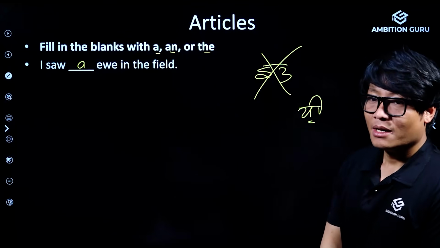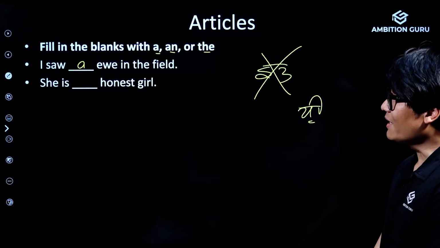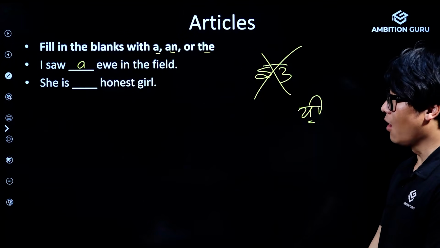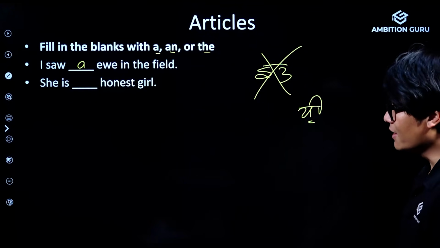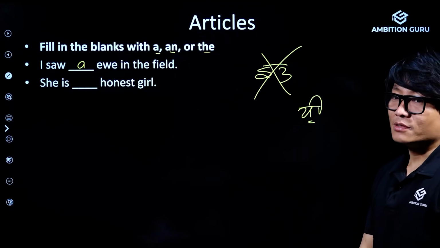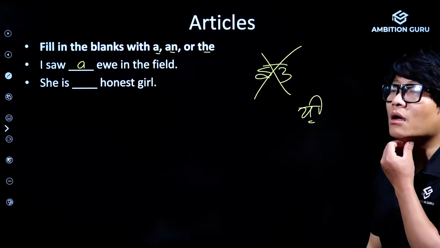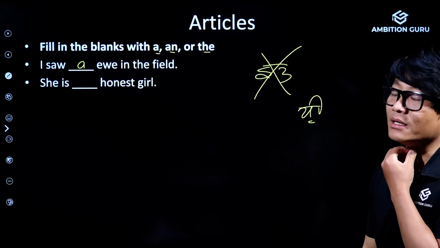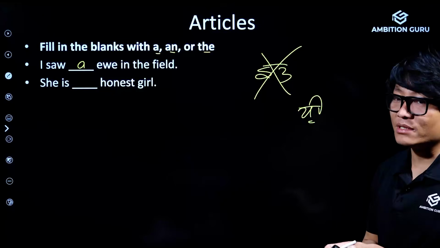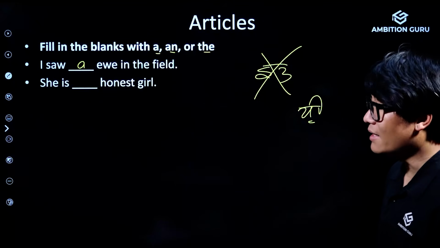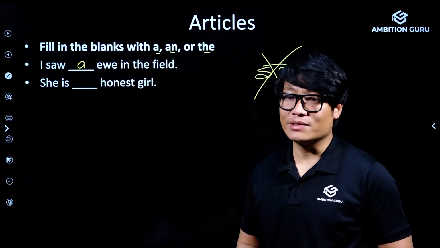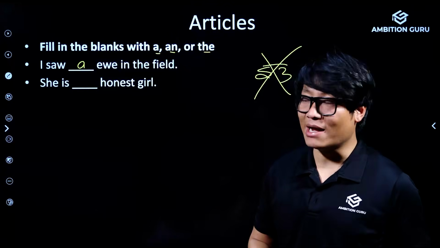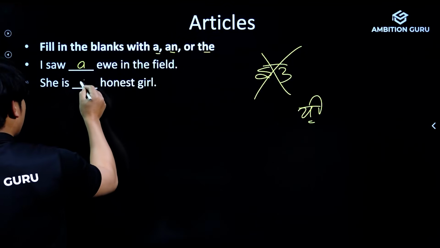Next, she is dot dot dot honest girl. So this is honest. The first sound is a vowel sound. So, yes, absolutely, you all are right. Here should be an.